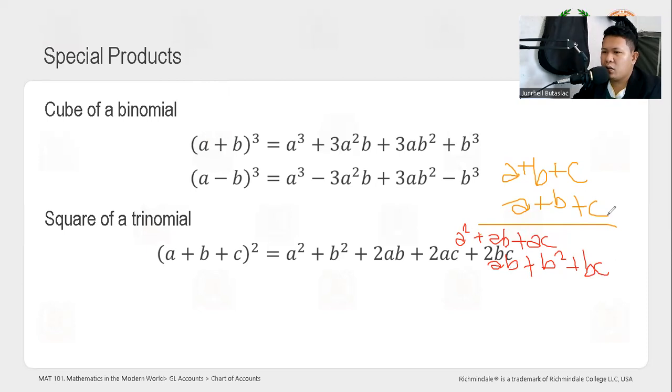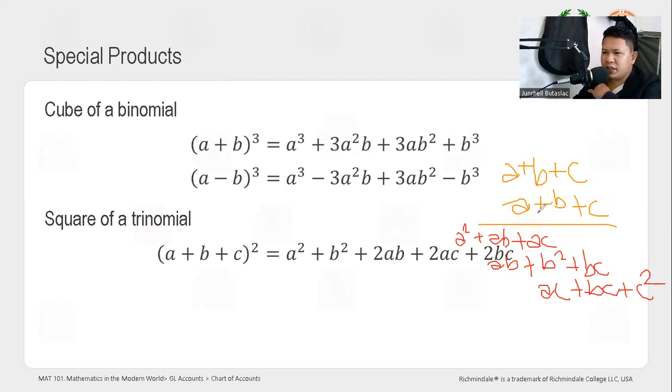Now let's move to c. C times a, that's ac. C times b, that's bc. C times c, that is c squared. So a, b, c.